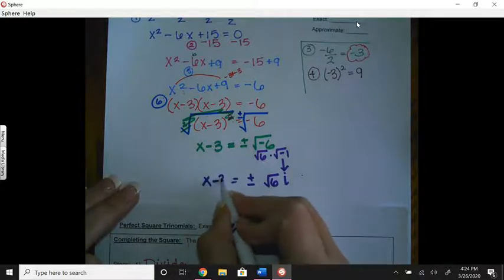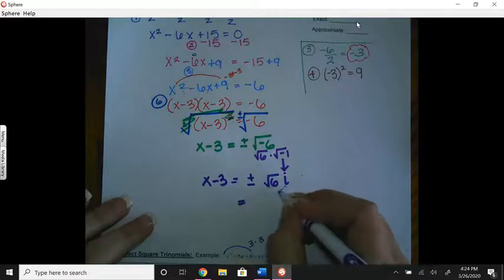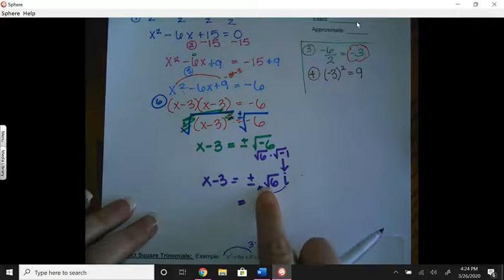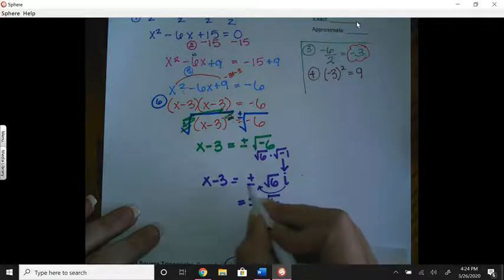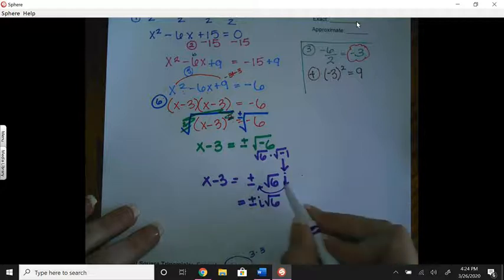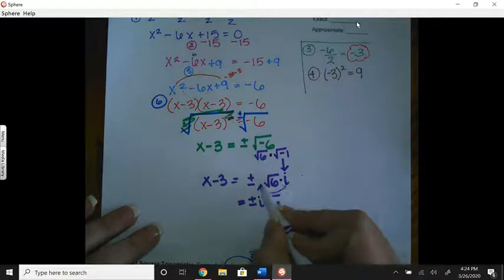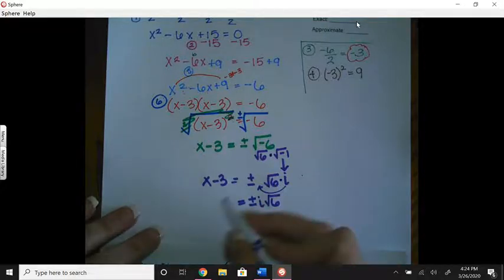Now, you can leave it like this, but I prefer to put the i in the front here, so that way it doesn't look like it's in the radical. So I prefer to have plus or minus i rad 6. So you're not going to put the i here. If you put the i before the plus or minus, then it's being added. It's supposed to be multiplied. It's multiplied, not added. So that's why the i has to just flip right in front of the square root there. You don't have to, that's just how I'm going to do it.